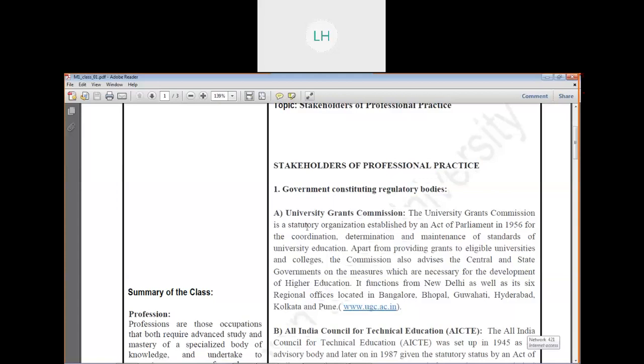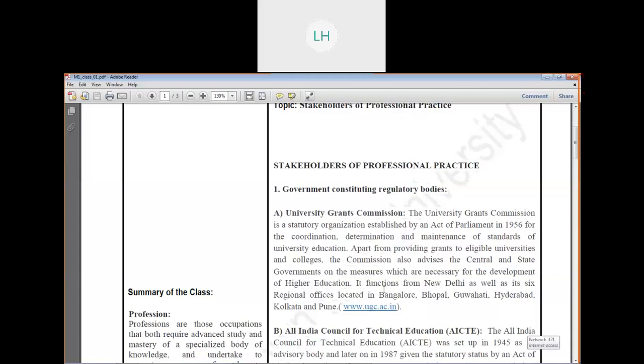UGC also acts as a statutory regulating body of India. Apart from providing grants to eligible universities and colleges, the commission also advises the central and state governments on the measures necessary for the development of higher education.